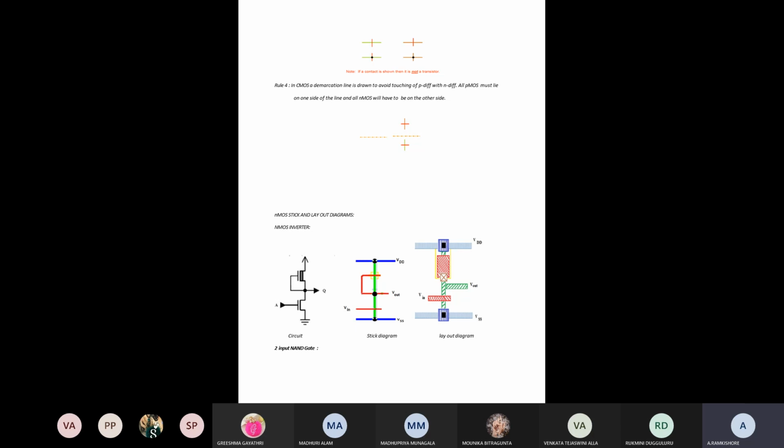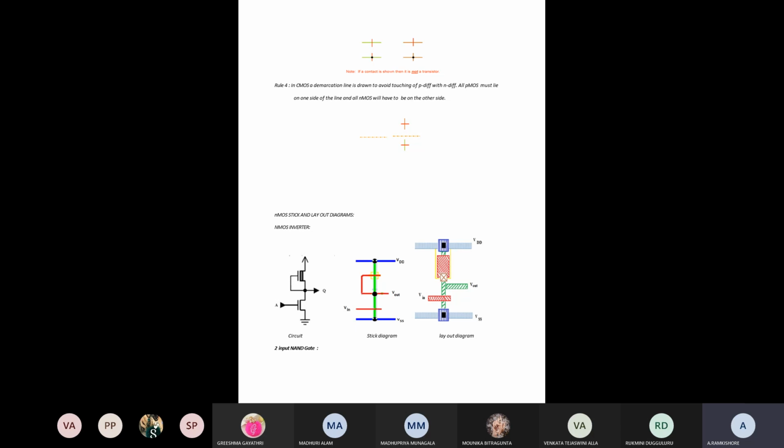In the same case, a is equal to 0, with respect to the input the channel will be formed in the depletion mode transistor. Whenever the channel is formed, the electron flow starts from one region to another. So the depletion mode transistor will be in the on condition.